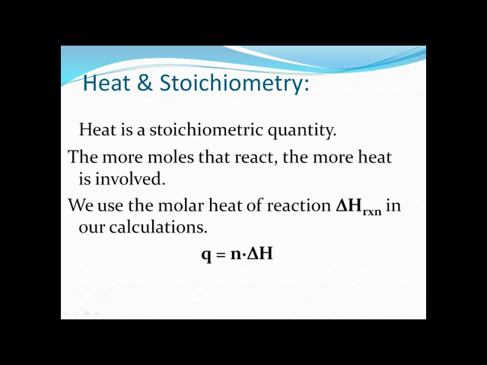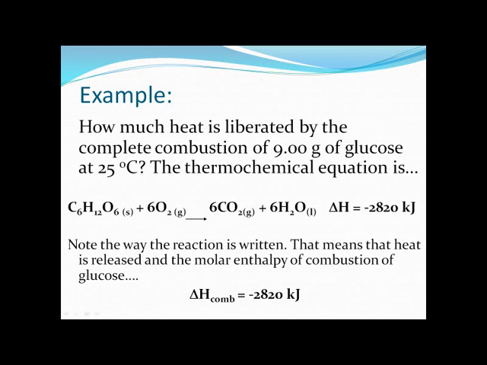Okay. Well, heat's a stoichiometric quantity. The more moles that react, the more heat's involved. And we use what's known as the molar heat of reaction, delta H for reaction, in our calculations, where Q, the quantity of heat involved, is equal to the number of moles times the delta H for the process we're looking at. So, if you look at an example, how much heat is liberated by the complete combustion of 9 grams of glucose at 25?